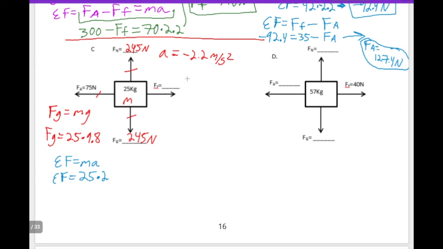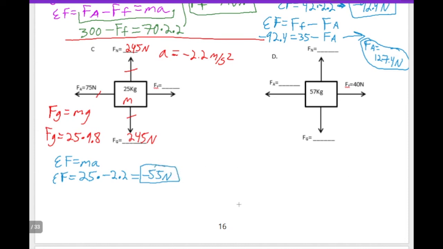If we look, we can see that the acceleration for this specific problem is negative 2.2. So it's always important to just double check your work to make sure that you guys aren't making any mistakes, because everybody makes mistakes. So negative 2.2. When we multiply all that stuff together and we solve, we find out that our net force should be negative 55 newtons.